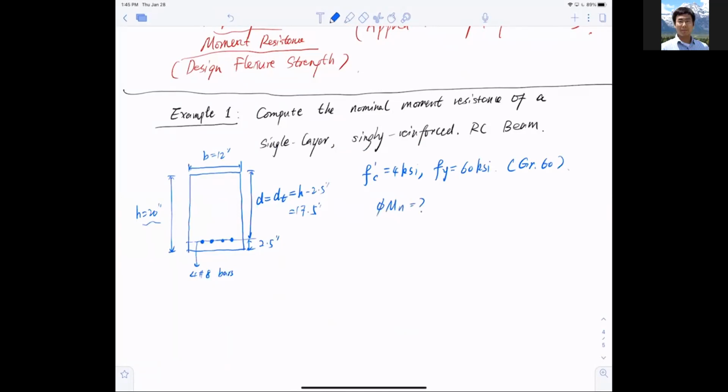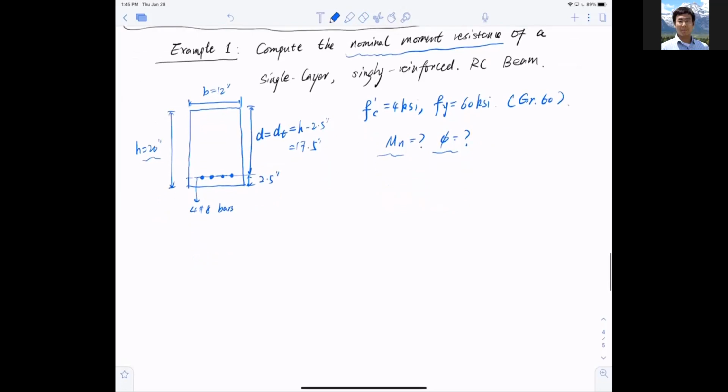First, what is my Mn, the moment capacity? Be careful, this is the nominal moment resistance. There's no phi in front of it yet. The next question is, what about phi? So this is the question at hand. Let's start solving it.